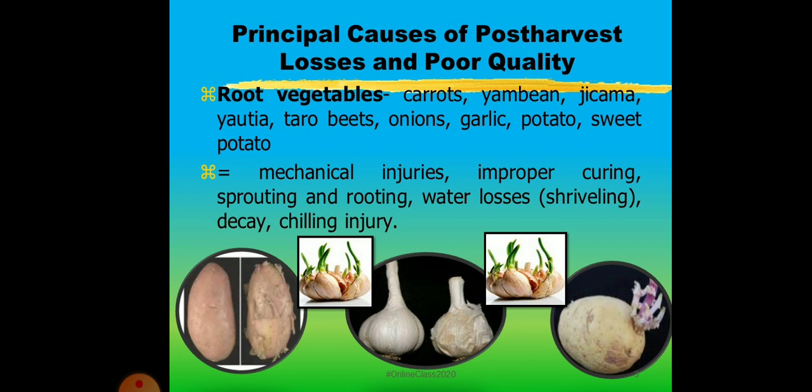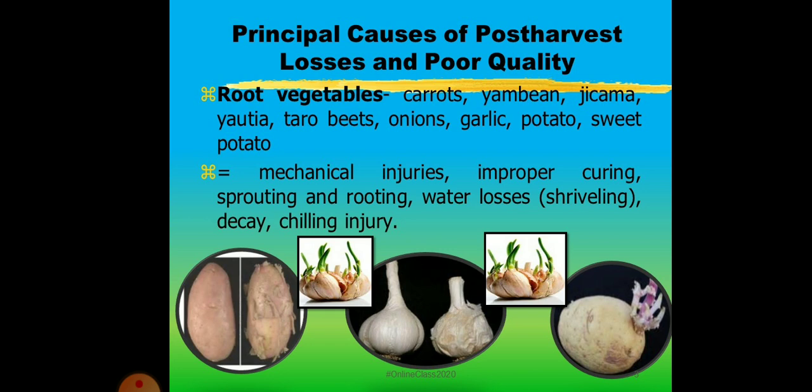All of those are classified as root vegetables. They are used as our viand. Onions, like the condiments, are also bulbs, so they are under root vegetables.